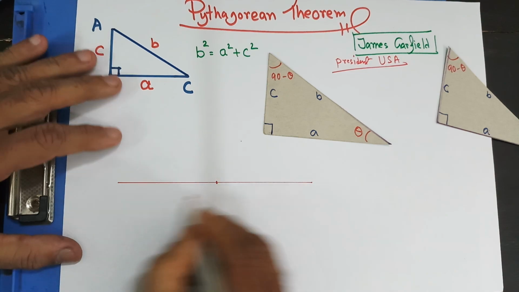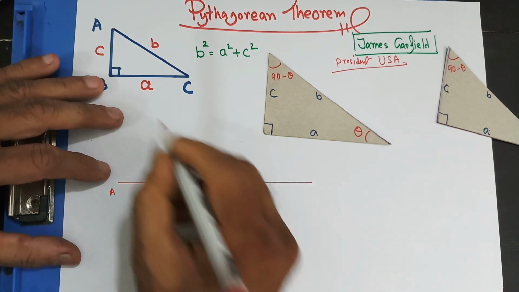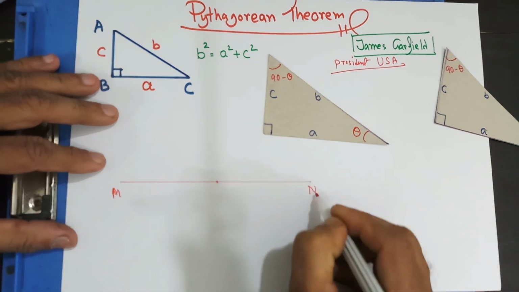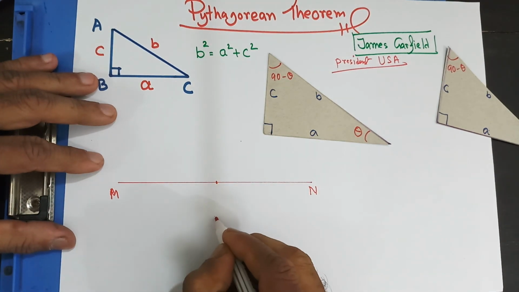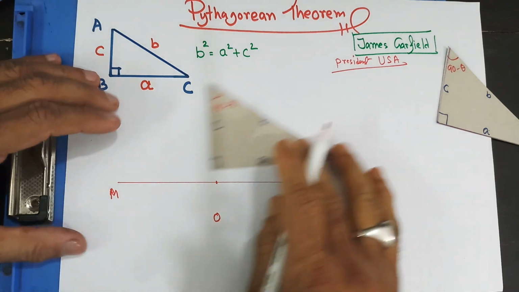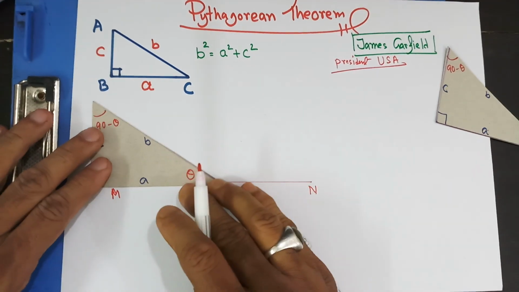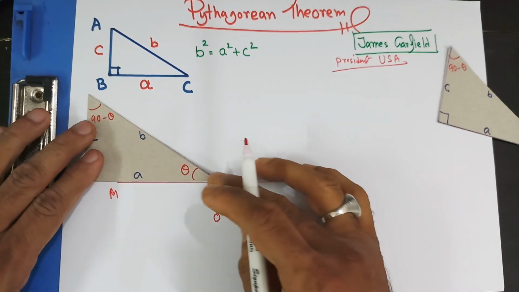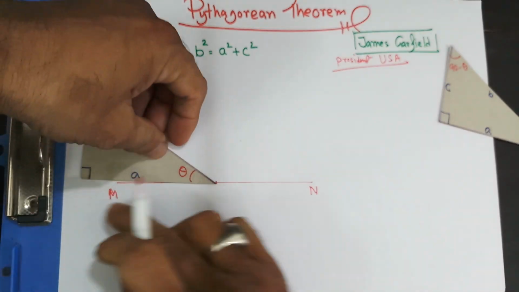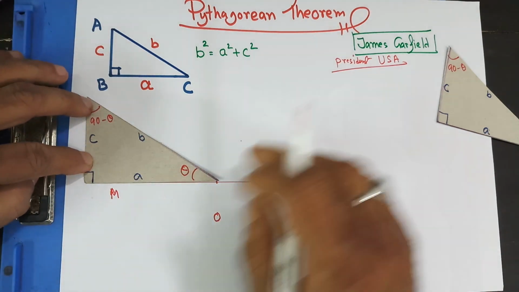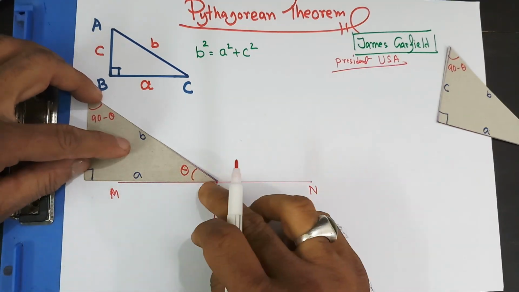I can name that A. Well, actually I have A, so let me put M, N, and this particular point O. I'm going to put it a little off from here, and see, if I put it like this against this line, the base of this triangle, the paper cutout, coincides with this line.